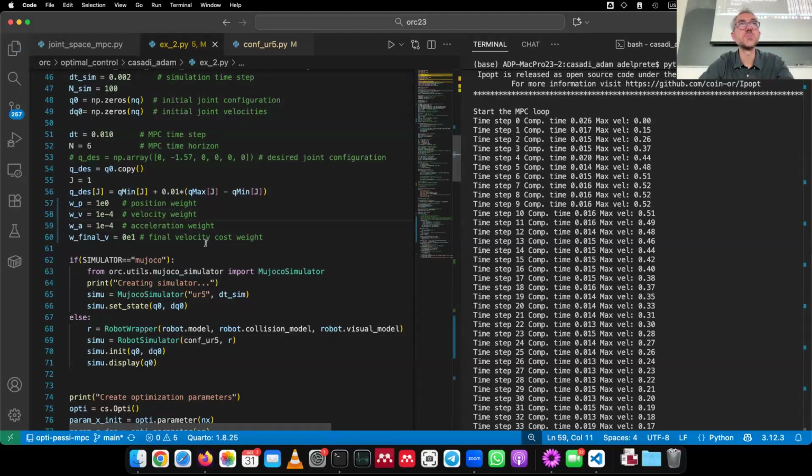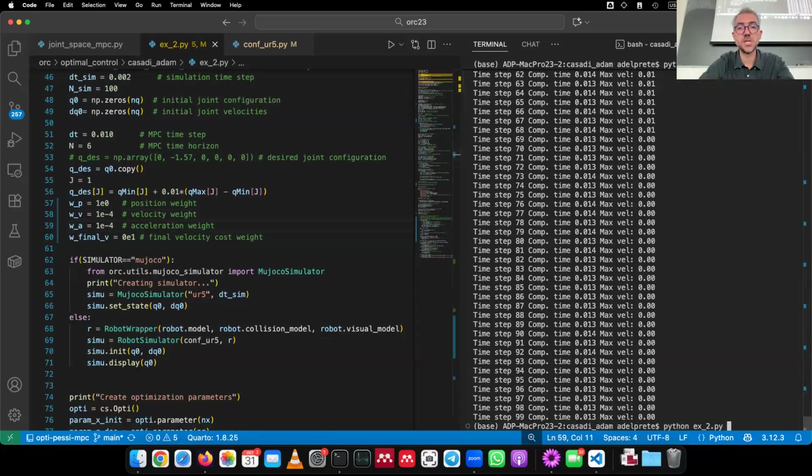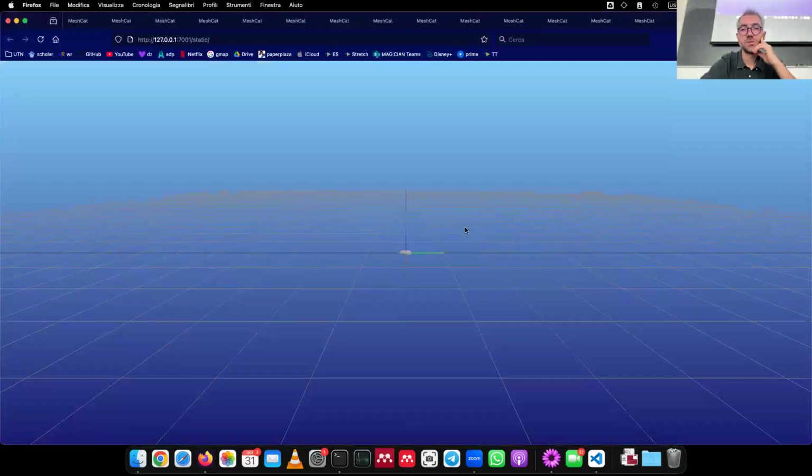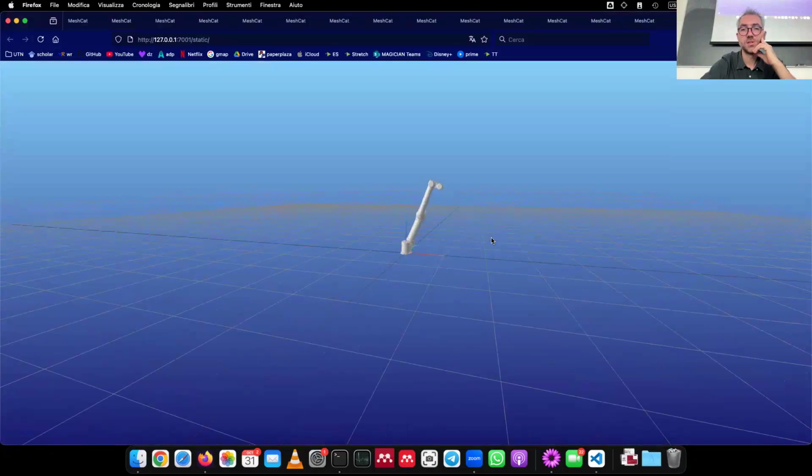Let's try with acceleration. I penalize a bit. No, you were saying penalize the accelerations less, right? Yeah, if you penalize it less, you can do more aggressive motion. Yeah, could work. Still overshoots.